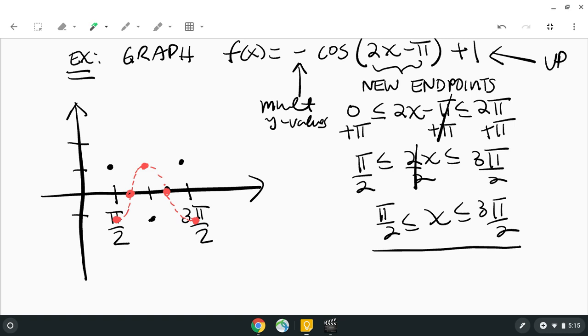All right, so we have this cosine graph. I'm going to do a dashed graph so you can see it. We still need to shift this up 1. So we're going to take these red dots and shift them all up 1. Let me do it in green again. There we go. So there's 1, this goes up 1.